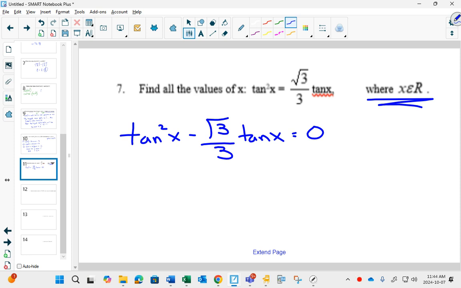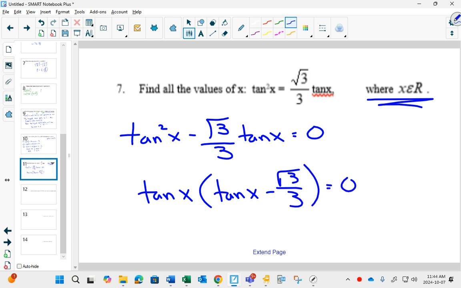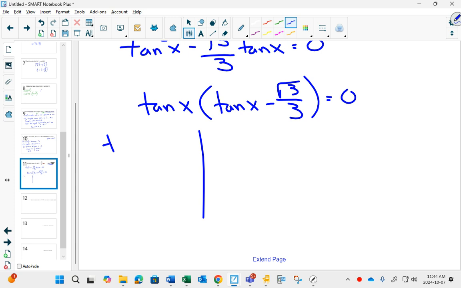Again, you can use the quadratic formula, or you can factor. There is a common factor of tan. Take it out, leaving you with tan x minus root 3 over 3 equals 0. Then if we split it here, either tan x is equal to 0, or tan x is equal to root 3 over 3.